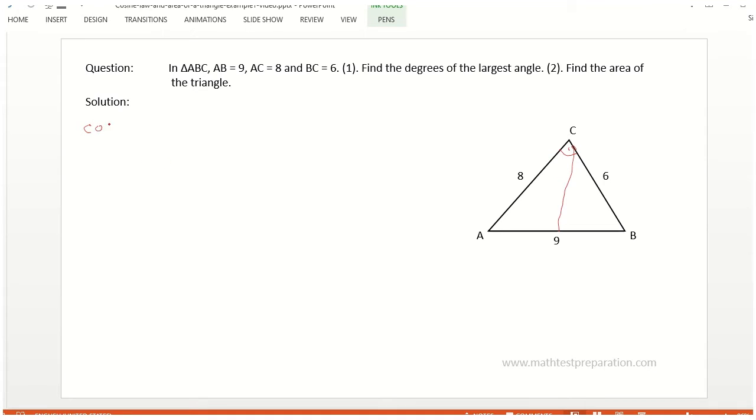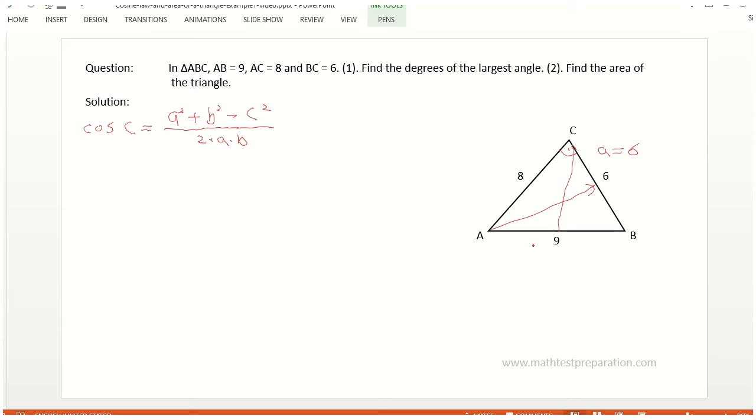Cosine C equals A squared plus B squared subtract C squared, divided by 2 times A times B, in which A is the side opposite the angle A. The angle A is opposite the side BC, so A is 6.